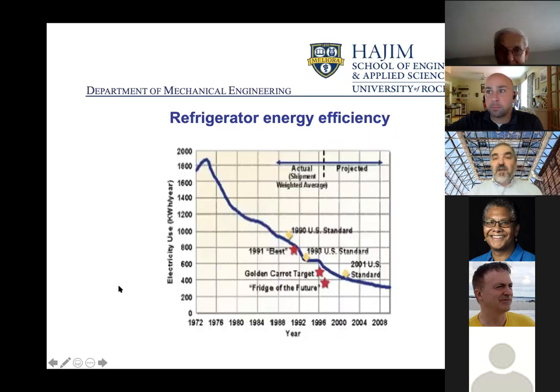I will give one example here. A refrigerator. Everybody knows what a refrigerator is. It's a very common household appliance. You'll see here how the electricity use in refrigerators has dropped from about 1,800 kilowatt hours per year to about 300 over a period of 40 years.